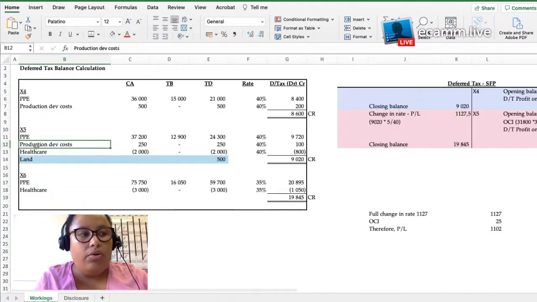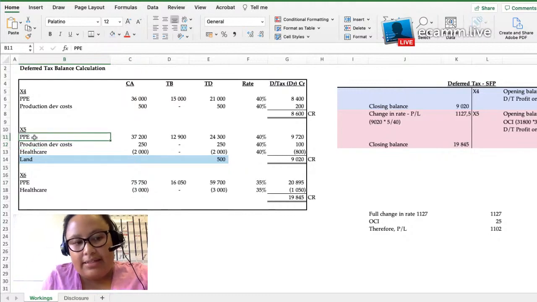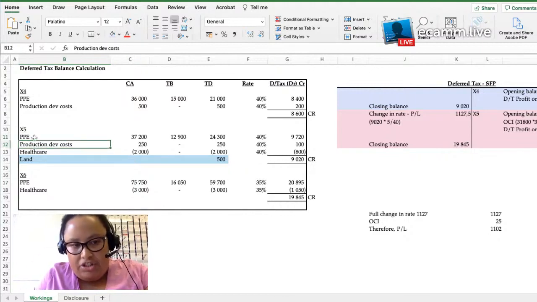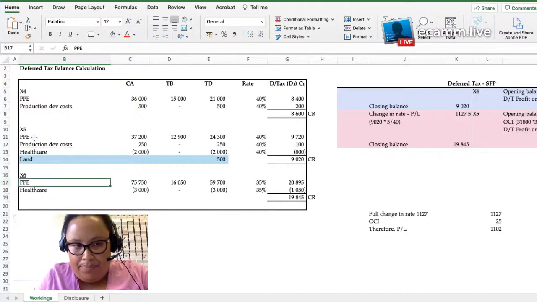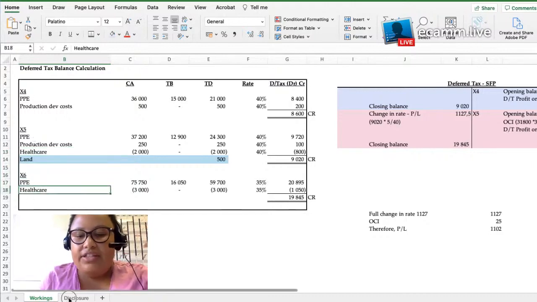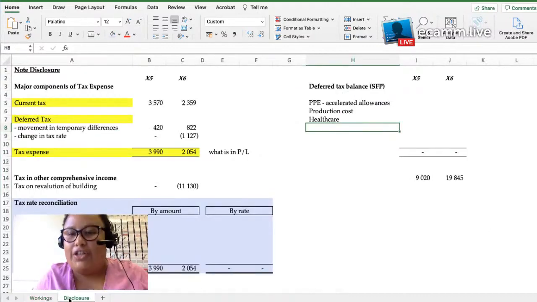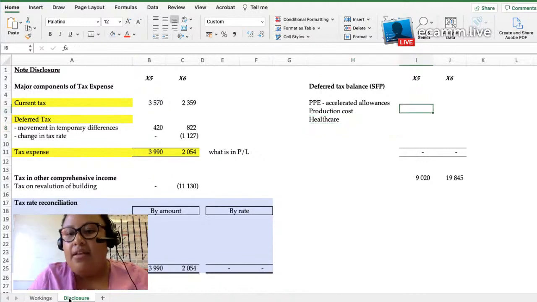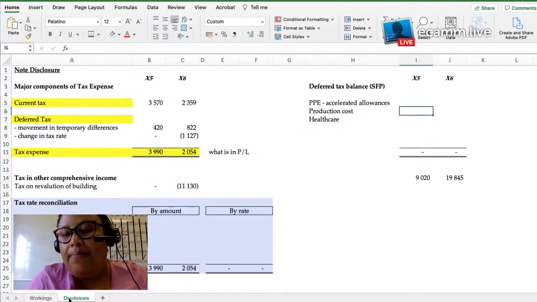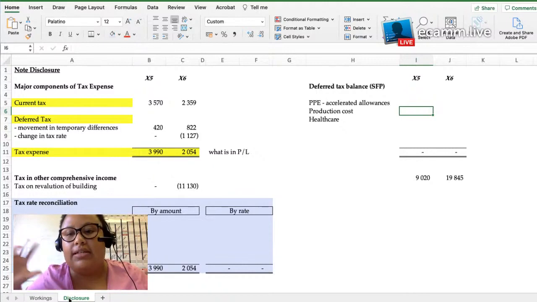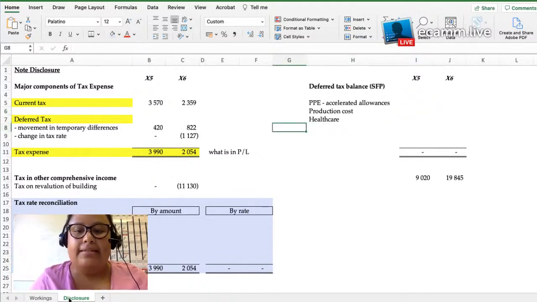Okay, so just look at what I'm doing here. All I'm doing is I'm saying these things, the PPE, the production development costs, the healthcare, PPE healthcare in year 2, these are the things that had temporary differences on them. So therefore, I'm going to separately now disclose the impact on my balance.